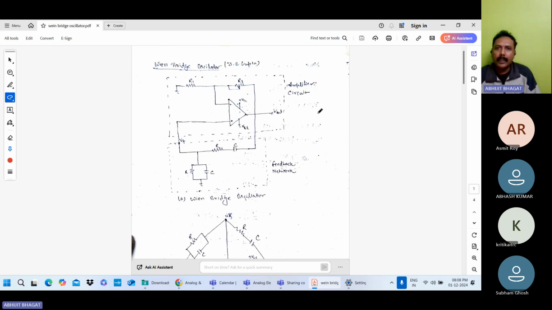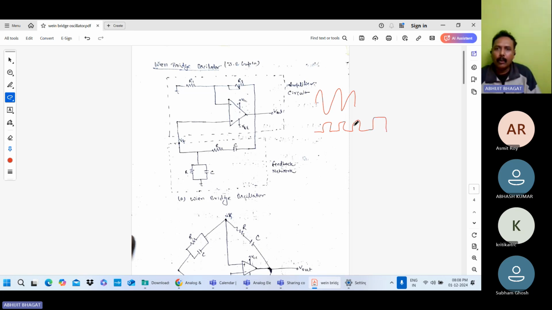Means across the output side, you are getting any type of waveform like this, or any type of waveform, and it is not constant. It is continuously changing with the time. So these are the oscillations. Maybe sawtooth waveform. These are the oscillatory waveform.